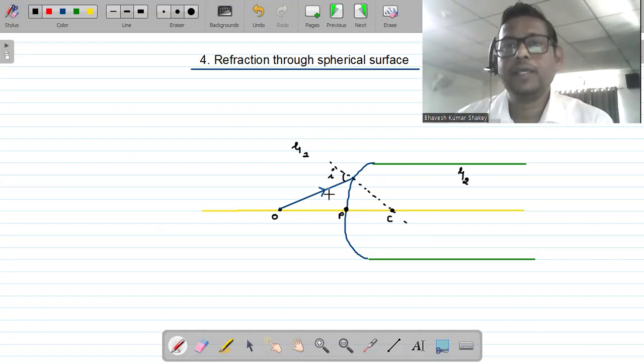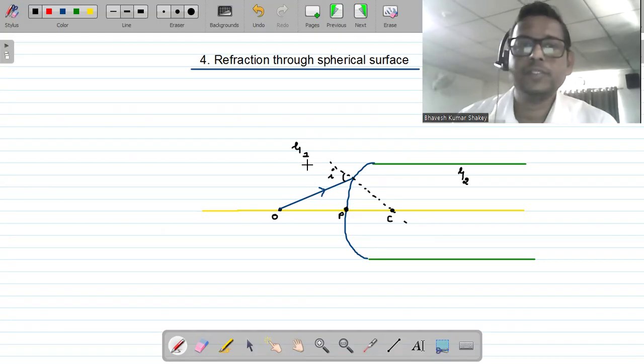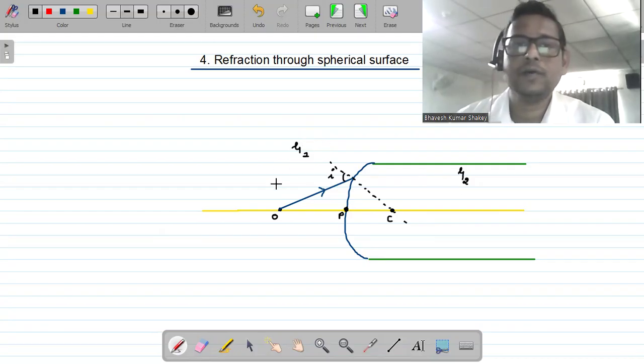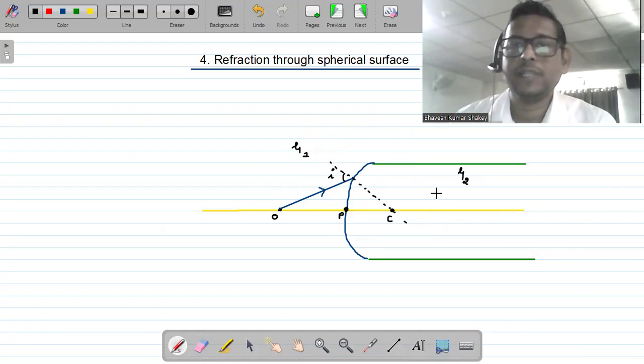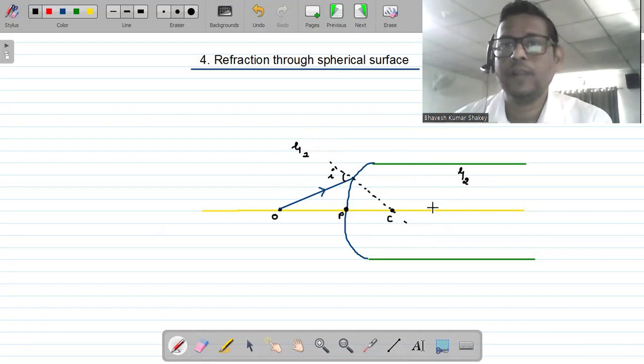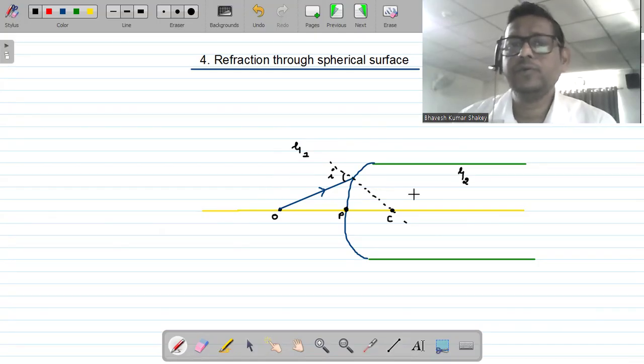Now this light ray will travel from mu1 to mu2. Let's say mu1 is a rarer medium and mu2 is a denser medium. Obviously the outside is air, and inside, the spherical surface is of glass, so this light ray is traveling from rarer medium to denser medium.